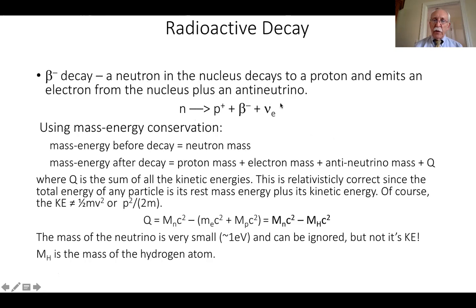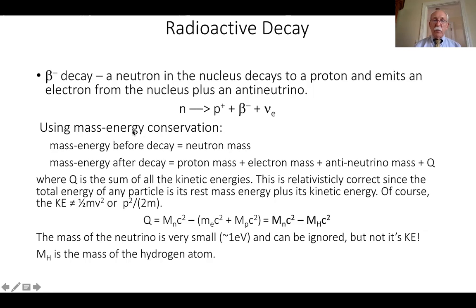The neutrino has a very small mass, and when we look at mass energy considerations, we just ignore it. Of course, the beta has a very small mass compared to the proton, but not small enough to be ignored.